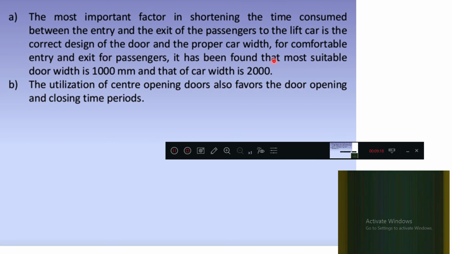It has been found that the most suitable door width is 1 meter, and for car width 2 meter, so it is exactly half of the car width. So the entry and exit time will change. The utilization of center opening doors is always good, because center opening doors take very little time to open as well as to close.